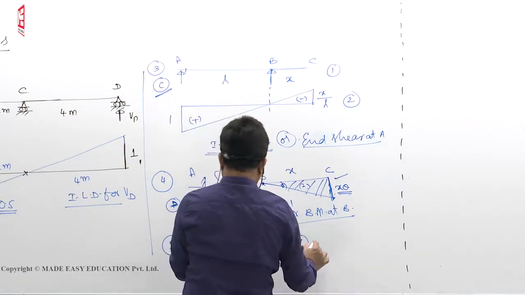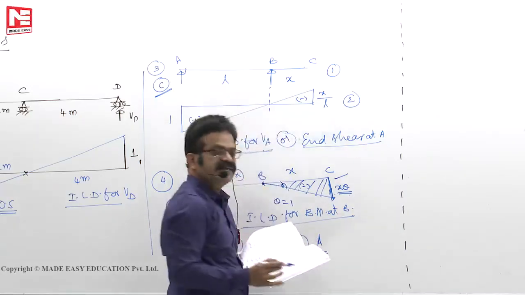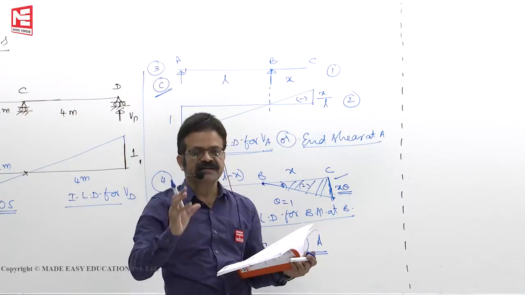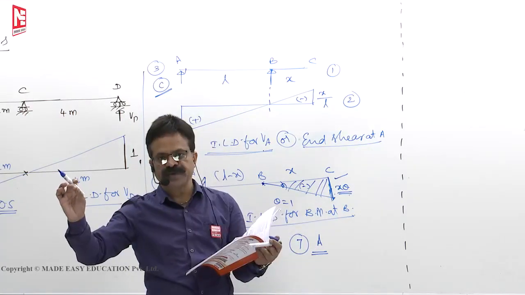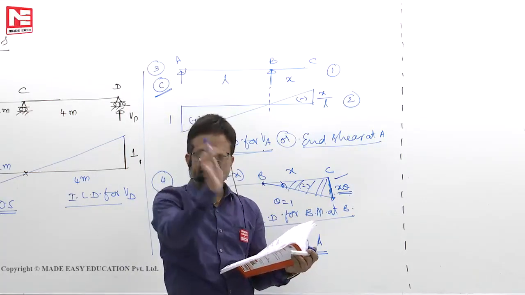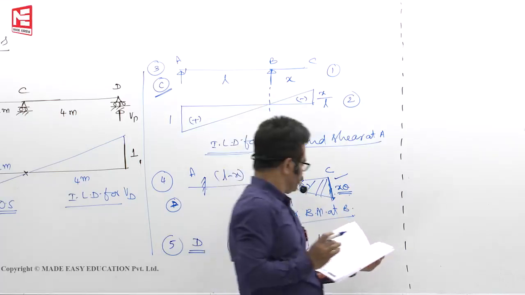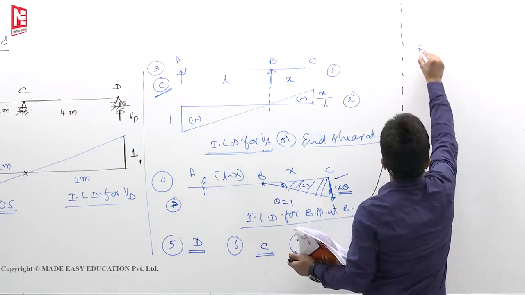So the answer to the seventh question is A. He is asking what is ILD, what is BMD and what is the difference. ILD means the section is fixed, the load is moving. Bending moment diagram means the load is fixed, and you have to take different sections. Okay, seventh is that.